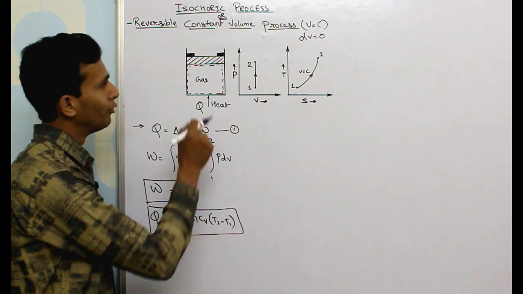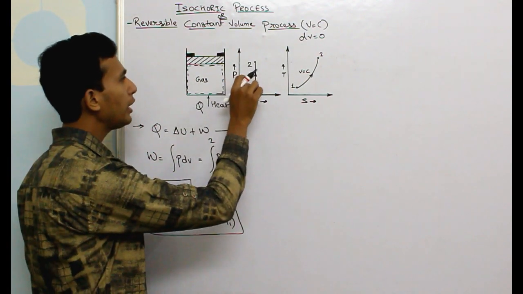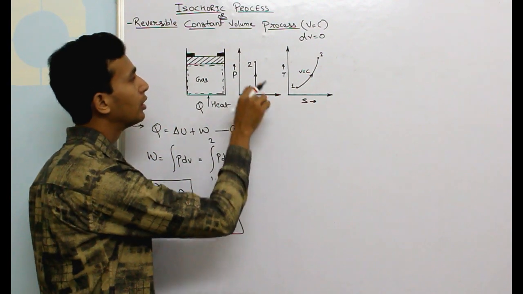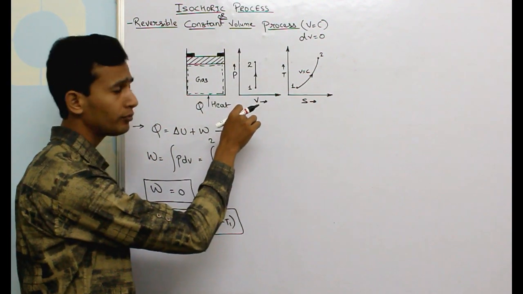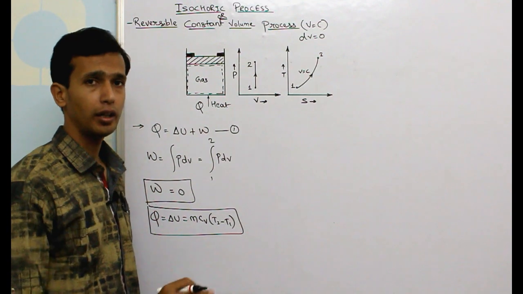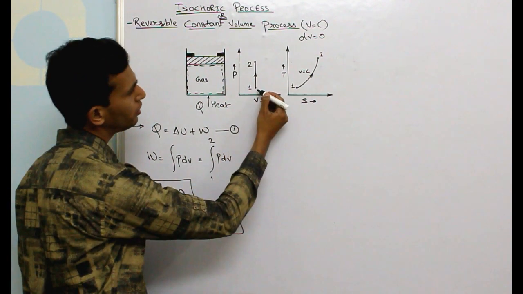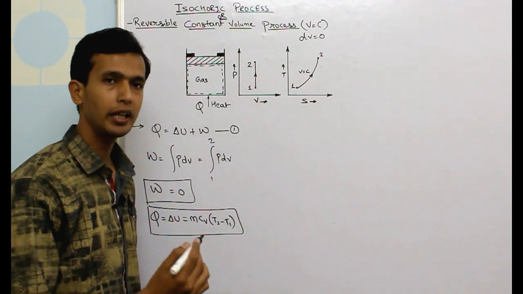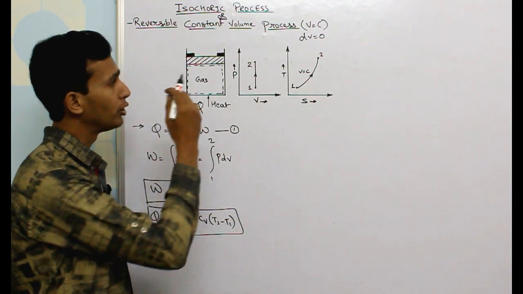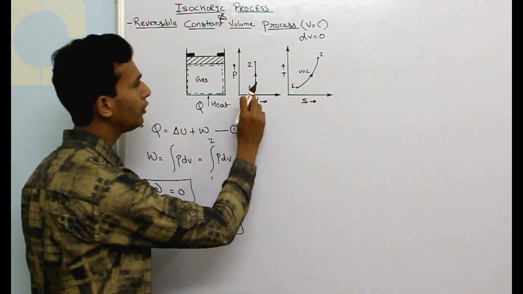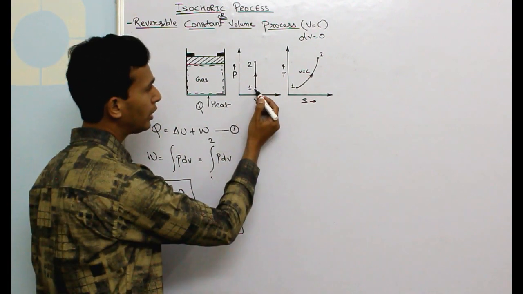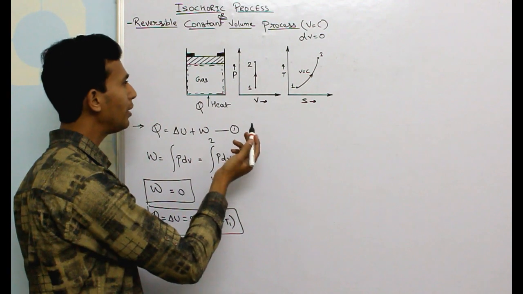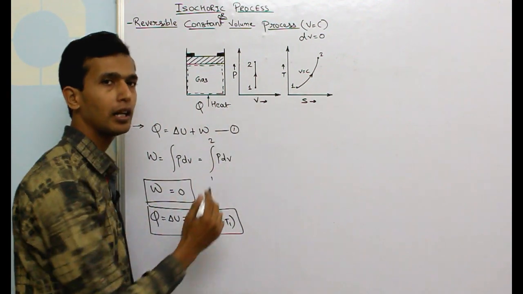Now we all know that area on PV curve, area on the PV diagram, area under it represents the work done. Here this is our PV curve and there is no area below it because area is of 2 dimensions. So here we don't have any 2 dimension, we get only a straight line which is not a 2 dimension geometry, and that's why we are not having any area.